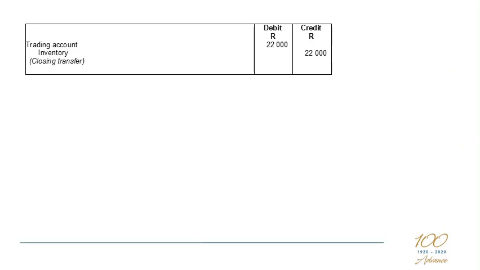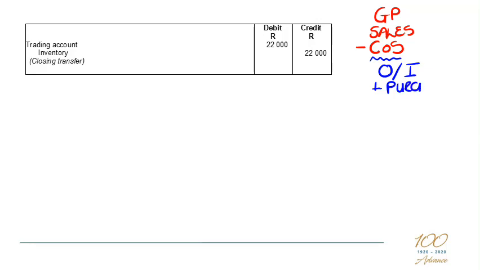Our next item, remember to calculate gross profit, I would take sales minus cost of sales. Now we have a problem because in the periodic inventory system, we did not keep track of cost of sales. So I would have to go into a calculation of cost of sales, which is my opening inventory plus my purchases plus any other expenses related to cost of sales.